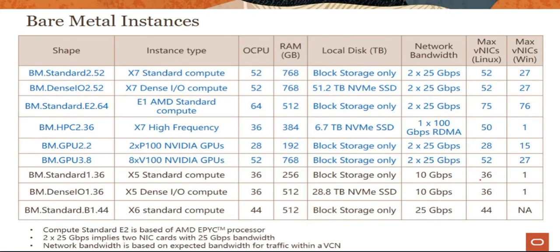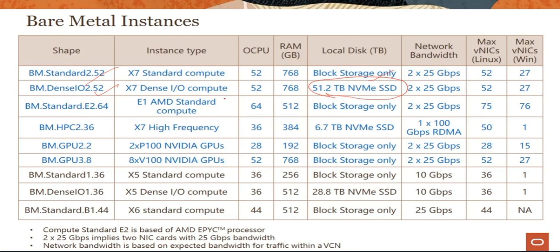Now, these are the different shapes which are available today in Oracle Cloud Infrastructure. The best place to check this, because this information keeps changing all the time, is the documentation site. You can see some shapes here, starting with standard shapes, which have only block storage. You have dense IO shapes, which have local storage, so you can see a big amount of local storage here.